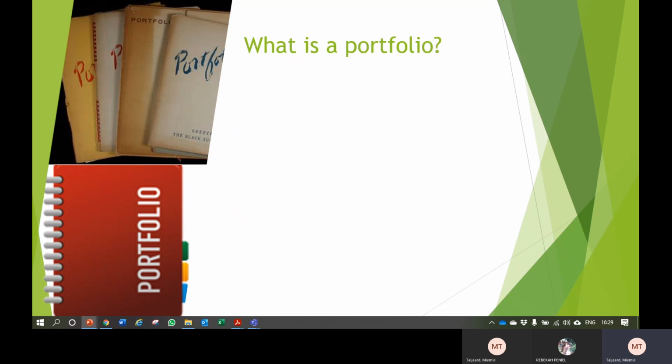Now, first of all, what is a portfolio? Because a portfolio is different from an assignment. If you want to compare it, an assignment is what you know at a certain time.